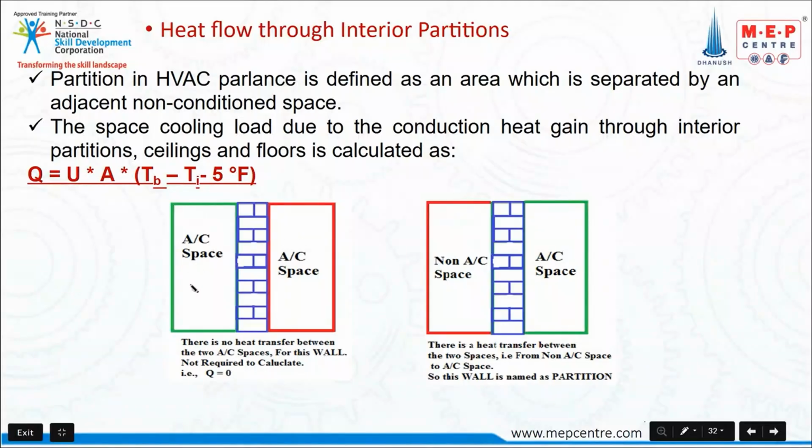Suppose if both are AC, मैं इधर भी 75 degrees Fahrenheit maintain कर रहा हूँ, and also I am maintaining 75 degree Fahrenheit here. So will there be any heat transfer? No, right? So when the partition is in between AC space to AC space, then that partition is not considered. So when the partition is in non-AC, suppose here we have 100 degree Fahrenheit.